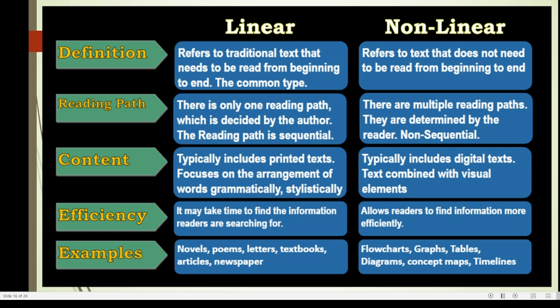The examples of linear texts are novels, poems, letters, textbooks, articles, newspapers, and others. While the examples of non-linear, we have flowcharts, graphs, tables, diagrams, concept maps, timelines, and other visual aids.